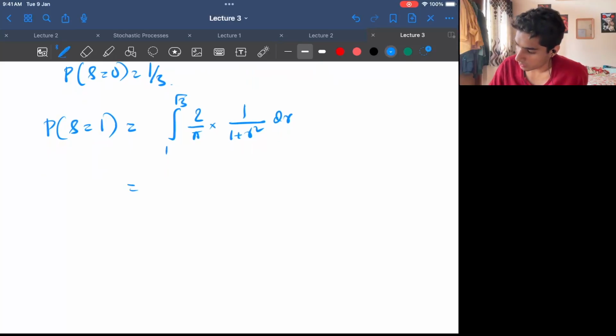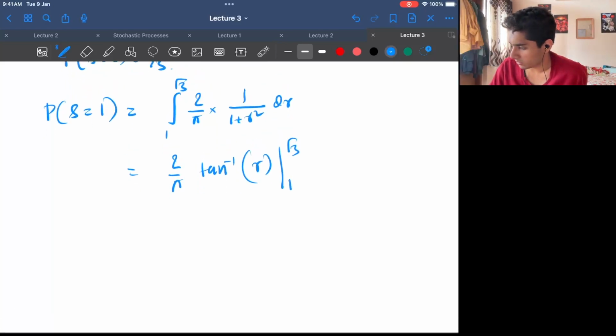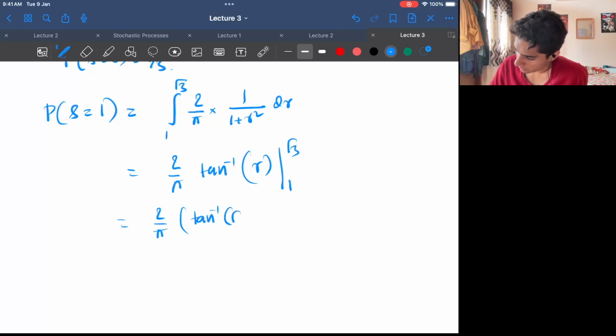Now this will be equal to 2 by pi times tan inverse r going from 1 to root 3. This will be again equal to 2 by pi times tan inverse root 3 minus tan inverse 1. For root 3 I just saw it is pi by 3.